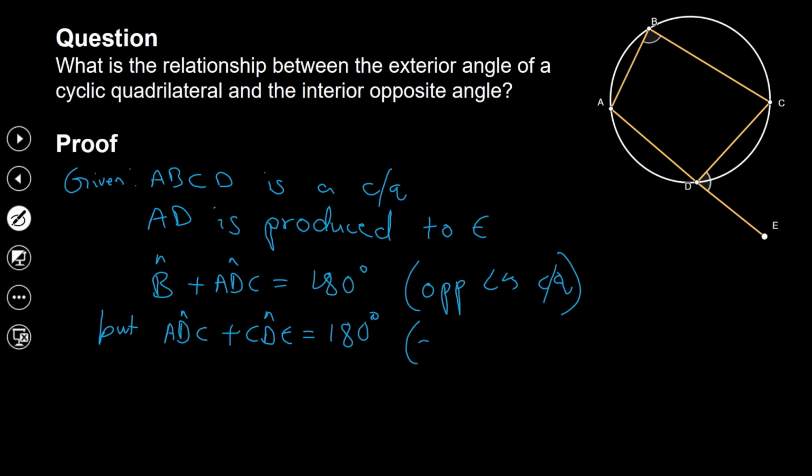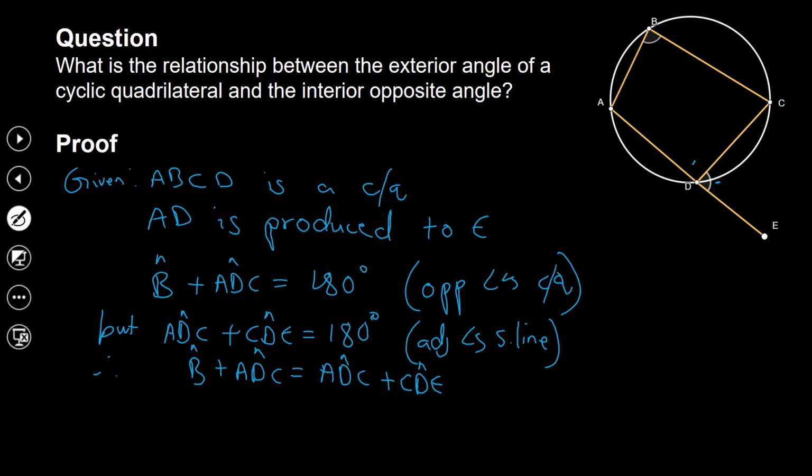Why? Adjacent angles on a straight line. I do know that if I was to add this angle here and that angle there, they must give me 180 because it's a straight line. So both of them, it means that B plus ADC is equal to ADC plus CDE.